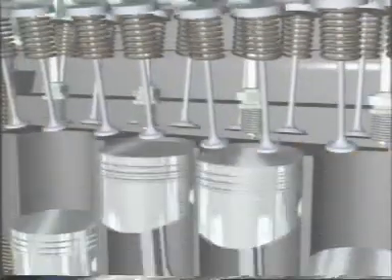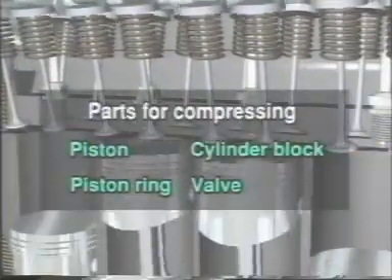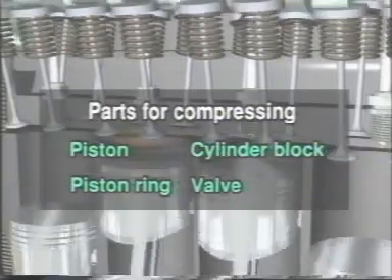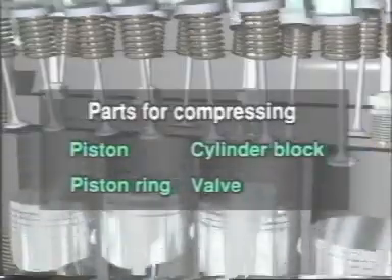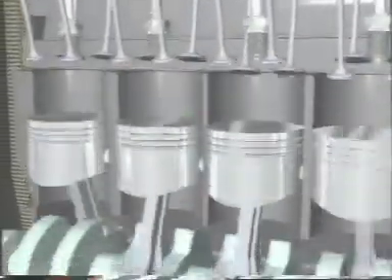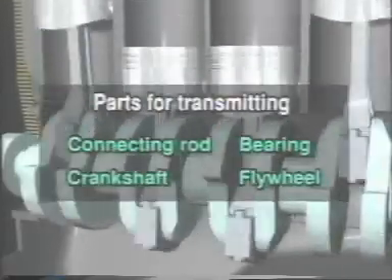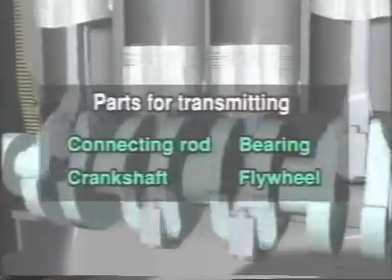Parts for compressing the air-fuel mixture are the pistons, piston rings, cylinder block, valves, etc. Parts for transmitting engine power are the connecting rods, crankshaft, bearings, and flywheel.